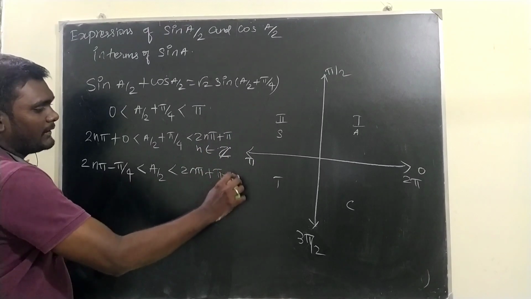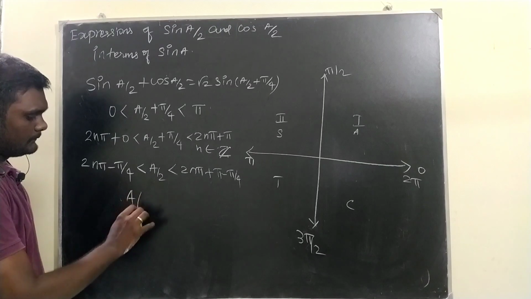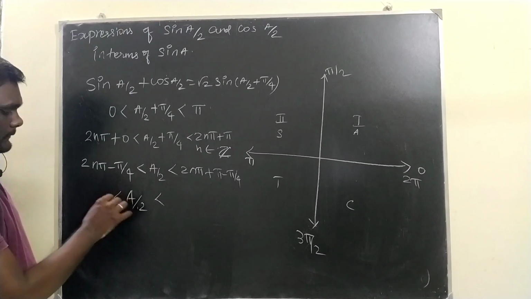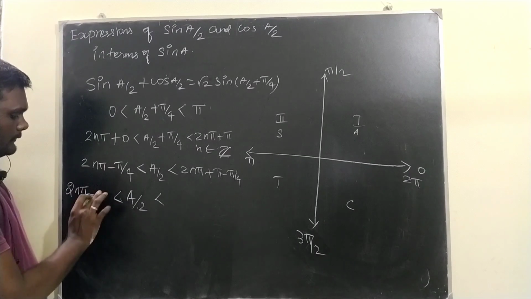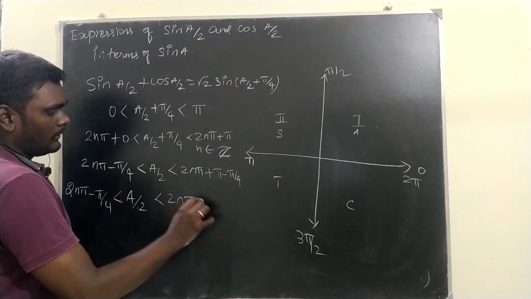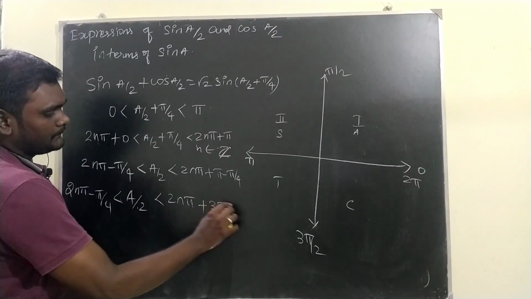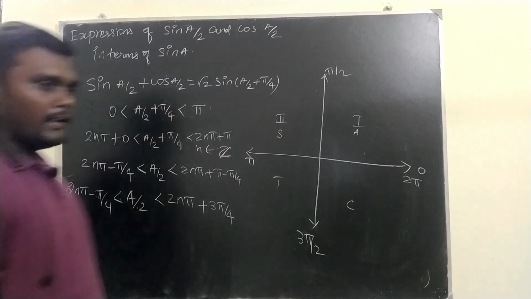How much is pi minus pi by 4? Yes, it is 3 pi by 4. It is 2n pi plus 3 pi by 4, right? Okay. So, that is the range.